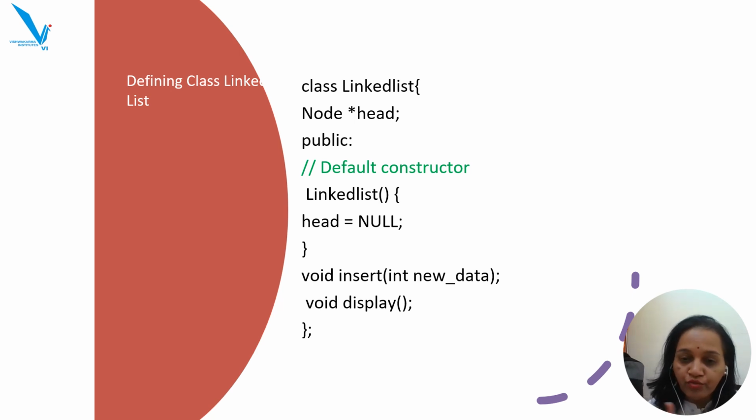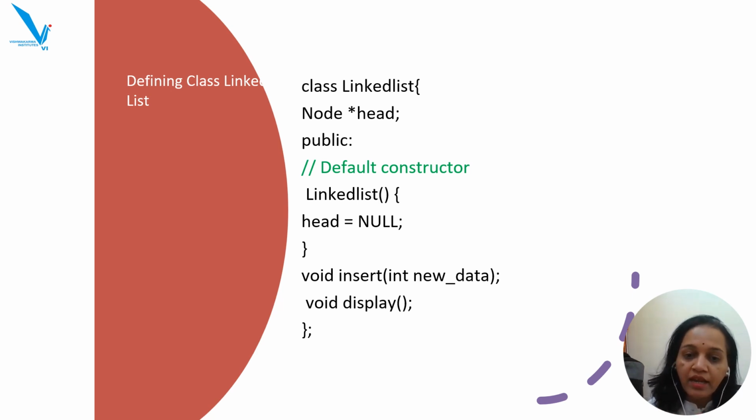The first node. So we have to create one pointer. Name it head, and whom will it point to? A node. So its type will be node star. So I will create node star head, and then I will write a default constructor, linked list. No parameterized one, and I will say head is equal to null. Initially your list does not exist, head is not pointing to anything, no node is created, so initially the list is empty, so head will point to null.